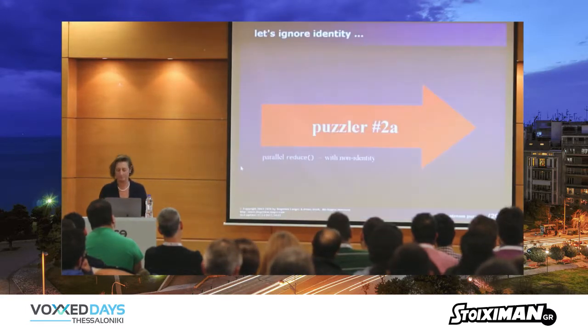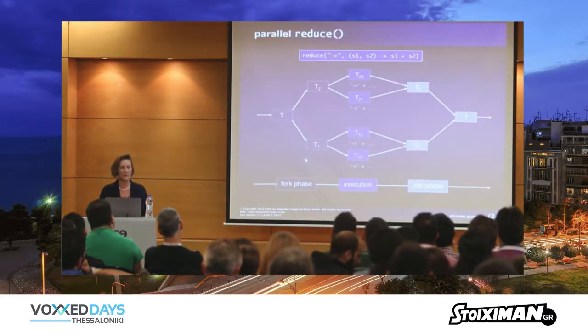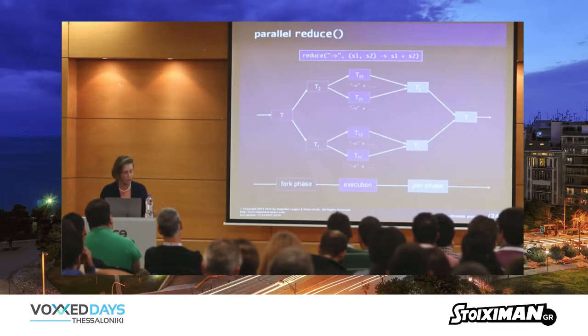Why does this happen? If you think of what happens when you do a parallel reduction, it is similar to what we're doing for forEach. We have the fork phase. We split the underlying stream source into halves, quarters, eighths, and so on.